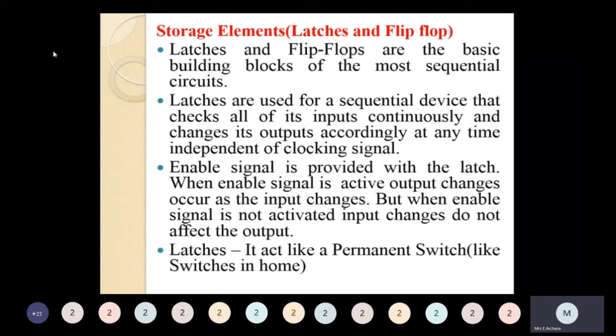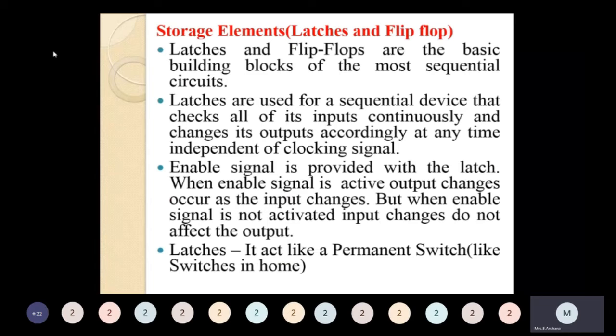When the enable signal is not activated, changes in input do not affect the output. Even though we change the input, the output is not affected in the case of latches, because a latch is not dependent on a clock signal, it is dependent only on an enable signal.